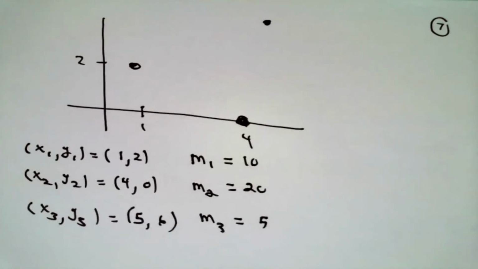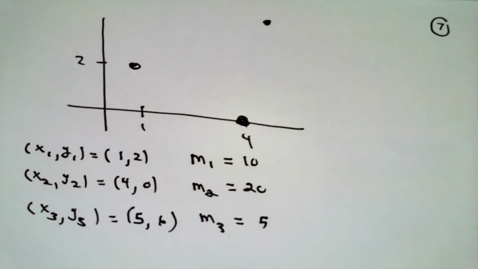I'll have 3 objects located in the xy plane. x1, y1 is going to be the point 1, 2, meaning of course that x1 is 1 and y1 is 2, the mass of object number 1 is 10 units of mass. x2, y2 is at the point 4, 0. x2 is 4, y2 is 0.